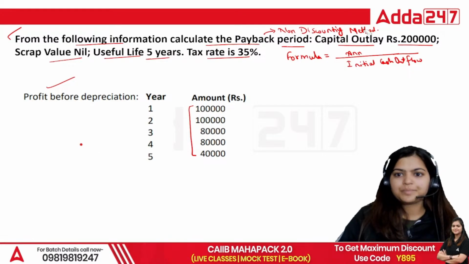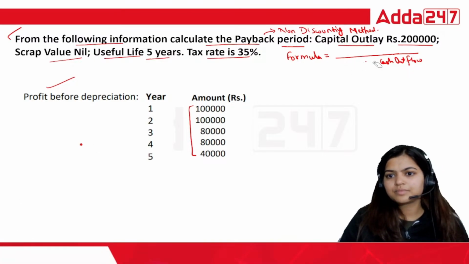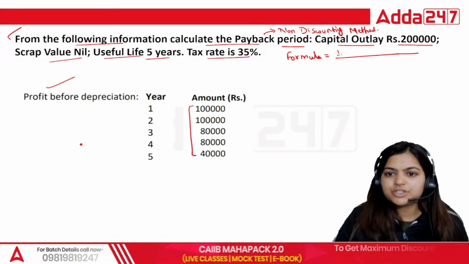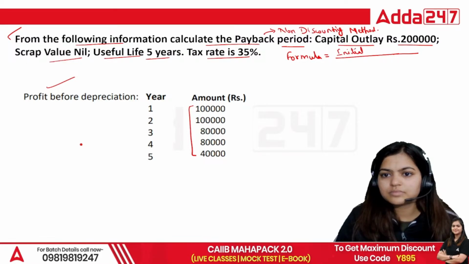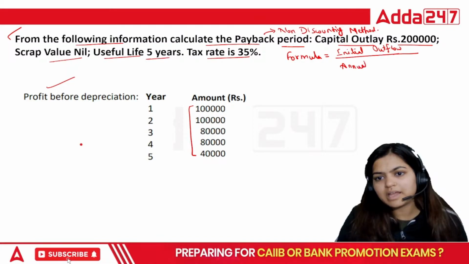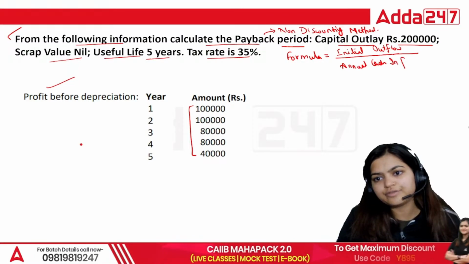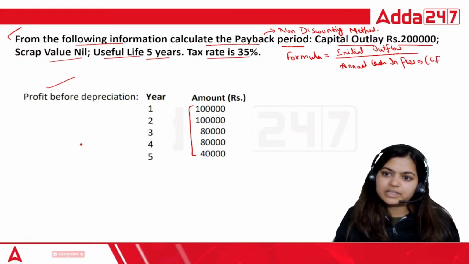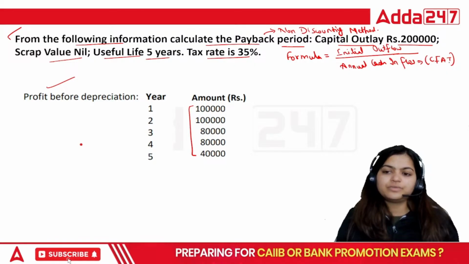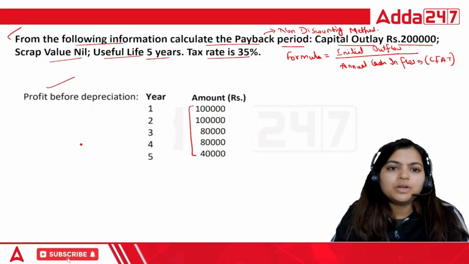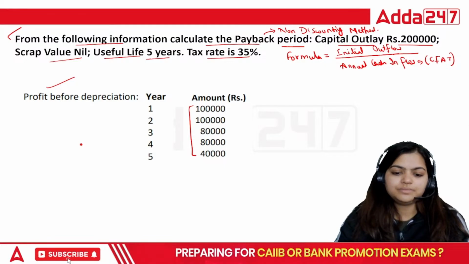Yes, so in the numerator you have this initial outflow divided by annual cash inflow. But remember, for this annual cash flow we take cash flow after tax. Yes, which type of cash flow do we want? We want cash flow which is after tax. I hope you can recall this point. Yes, so now let's start and solve this.